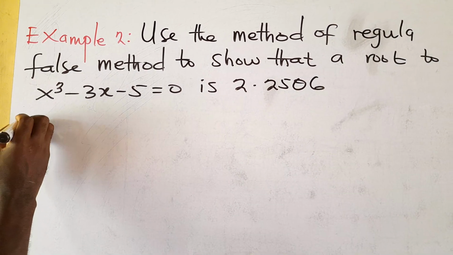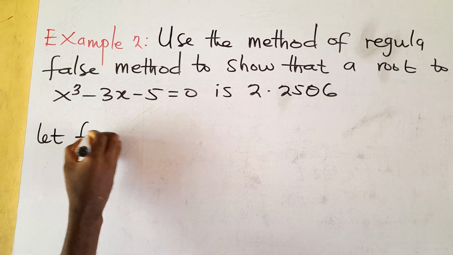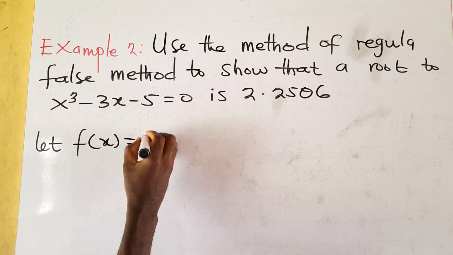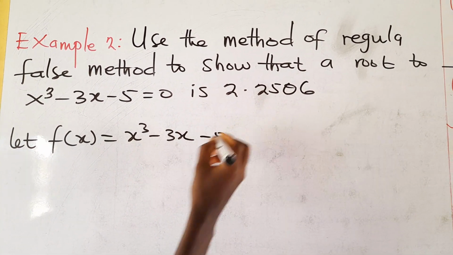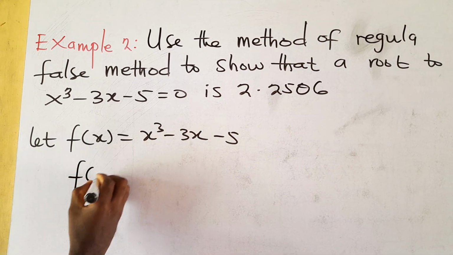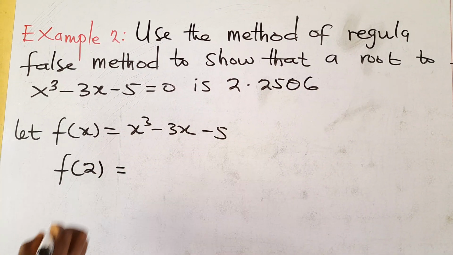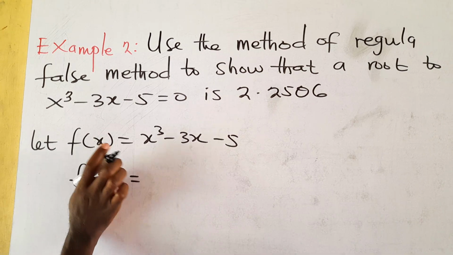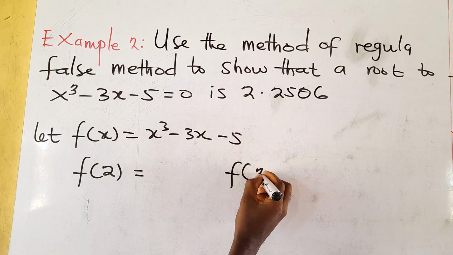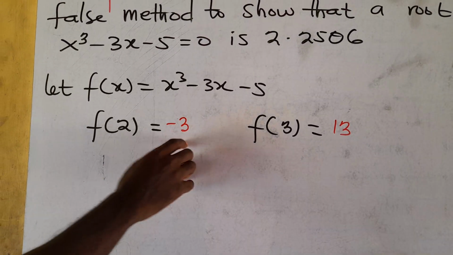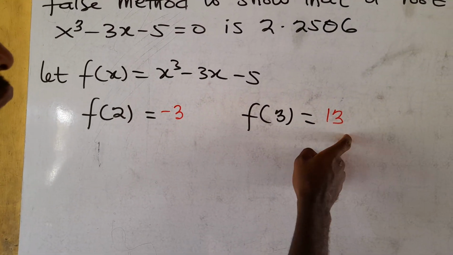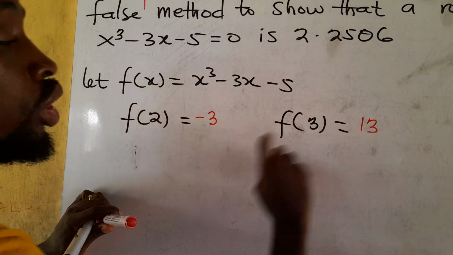We should let our function f of x be equal to x cubed minus 3x minus 5. So let's find f of 2 and f of 3. f of 2 will give us negative 3, and f of 3 is equal to 13. You see that they produce different signs.